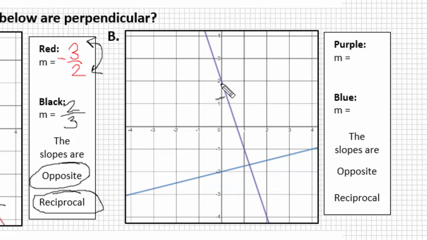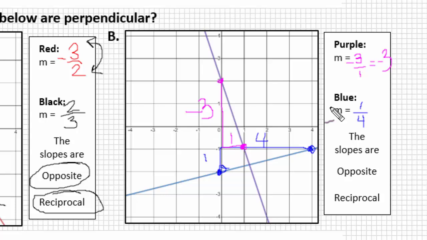So again, if you haven't done that, go ahead and find the slope of the purple and the blue lines on graph B. Okay, so I have now found the slope of the purple line. It had a negative slope because it starts high on the left and drops to the right. The points I used were (0, 2) and (1, -1).